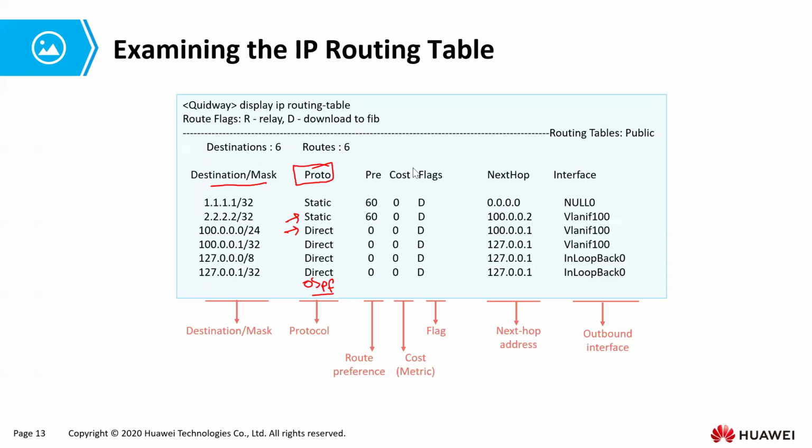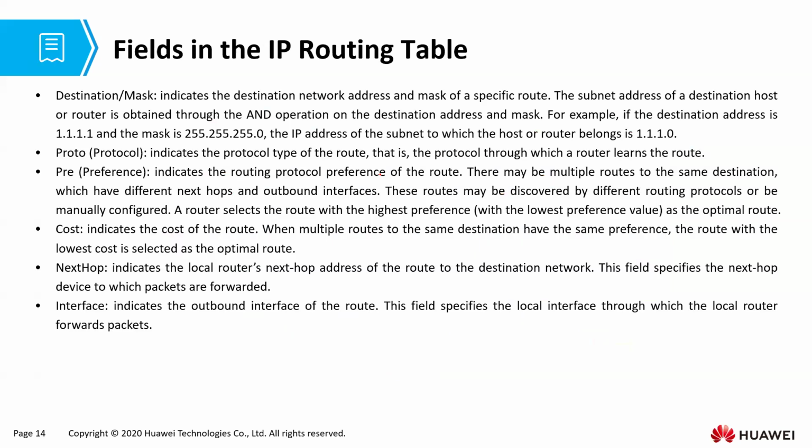Then we have the preference, which by definition indicates the routing protocol preference of the route. There may be multiple routes to the same destination, which have different next hops and outbound interfaces. These routes may be discovered by different routing protocols or be manually configured.